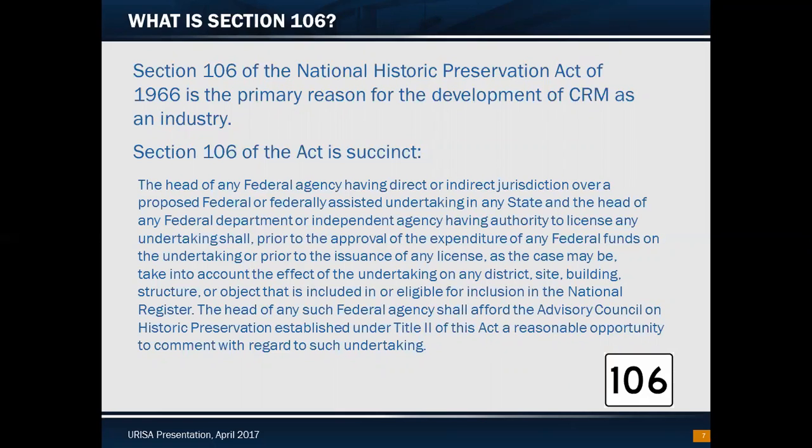It's one paragraph. It essentially says that the federal agency will take into account the effects of an undertaking on any site, building, structure, or object that is included in or eligible for inclusion in the register, and that they will allow the advisory council to comment.